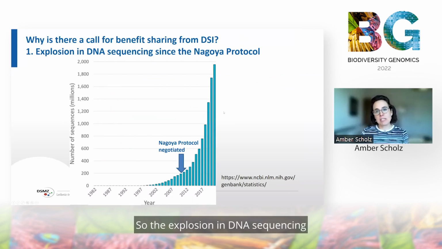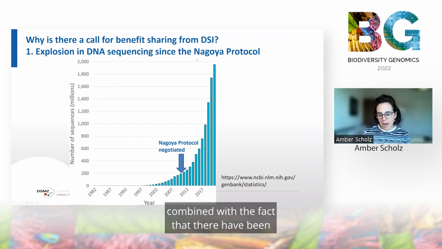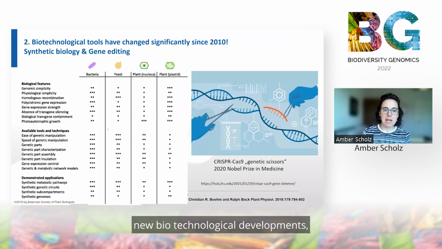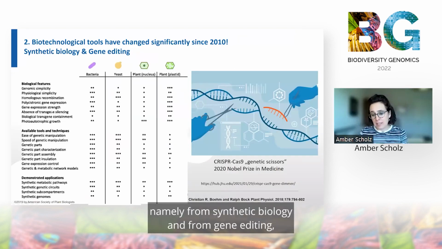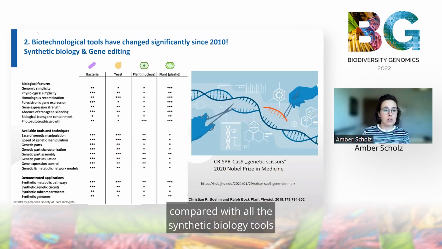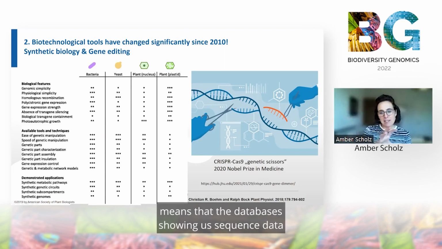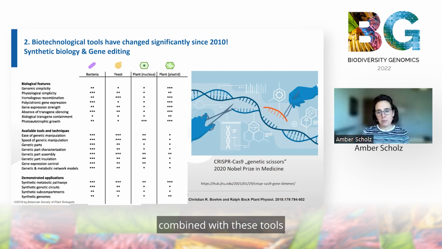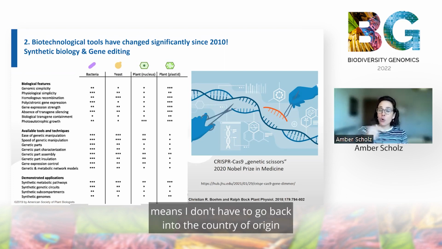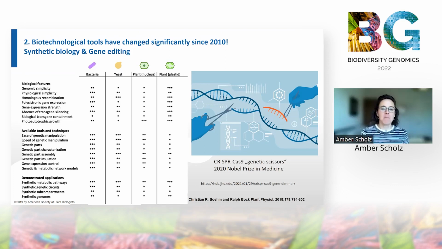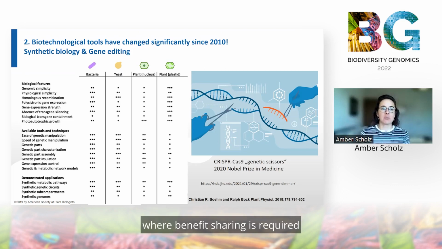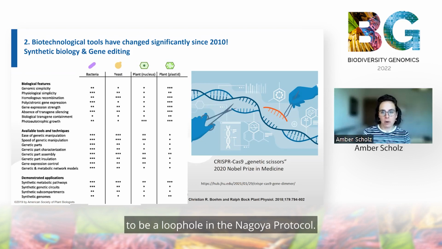So the explosion in DNA sequencing, combined with the fact that there have been new biotechnological developments, namely from synthetic biology and from gene editing, so CRISPR-Cas9, compared with all the synthetic biology tools listed on the left, means that the databases showing us sequence data combined with these tools means I don't have to go back into the country of origin as much as I used to have to, where benefit sharing is required, meaning that there is now perceived to be a loophole in the Nagoya Protocol.